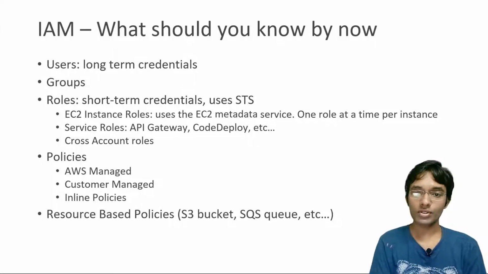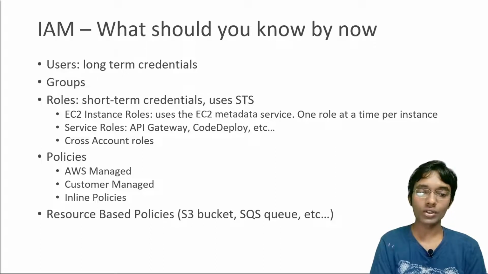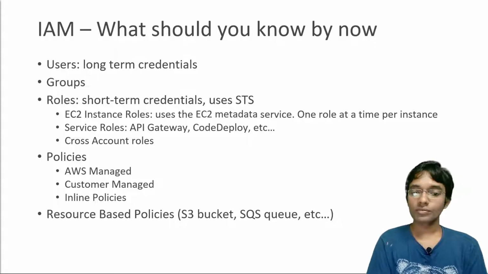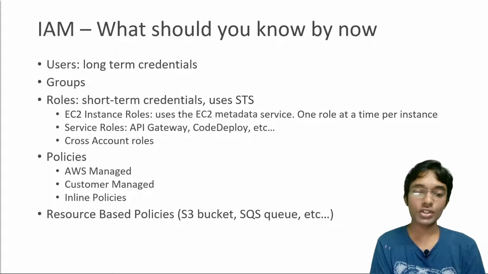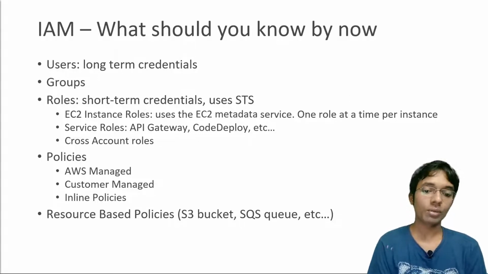Now you have policies in IAM, which define what a user or role can do, and you have three kinds. You have AWS Managed Policies, which are policies defined by AWS that will change over time, but they do something very specific.